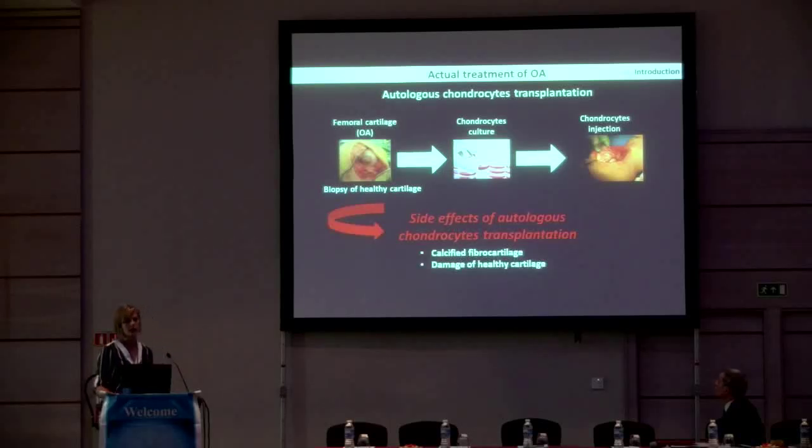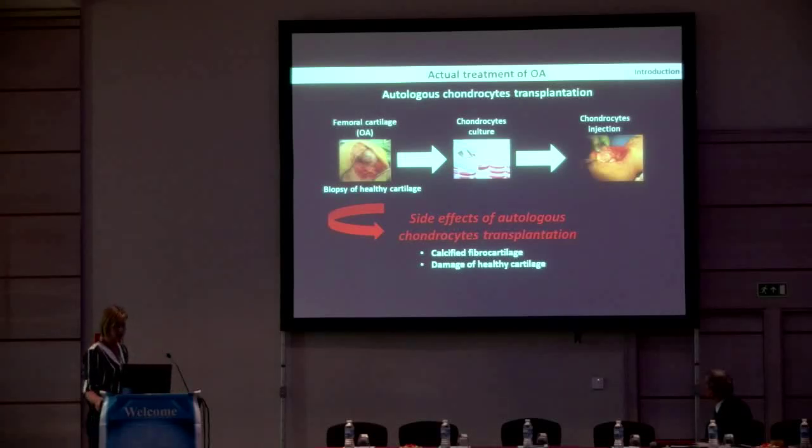However, this method has two major side effects. The first one: on this repair site, over time, we start to have calcified cartilage. And calcified cartilage doesn't have the same biomechanical characteristics as normal cartilage. For example, it has a much lower shock absorption potential than normal cartilage.